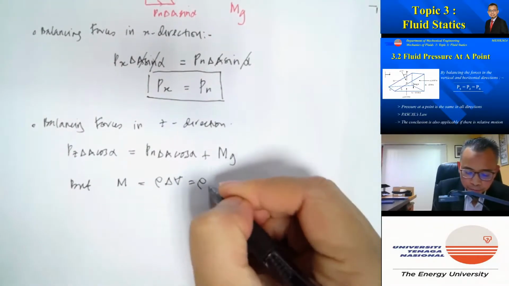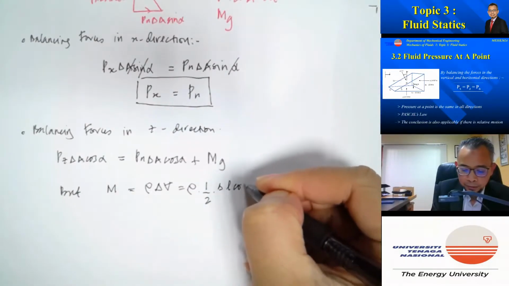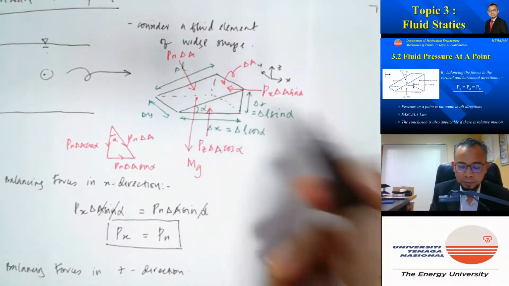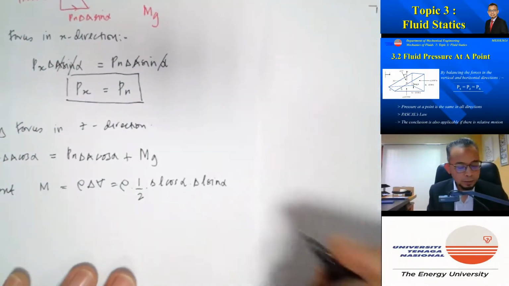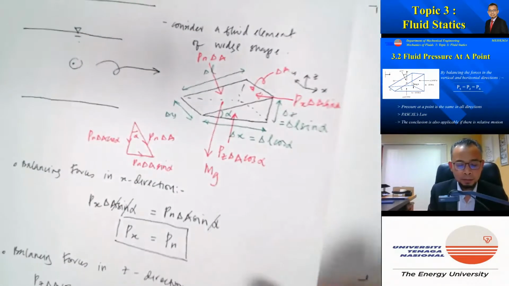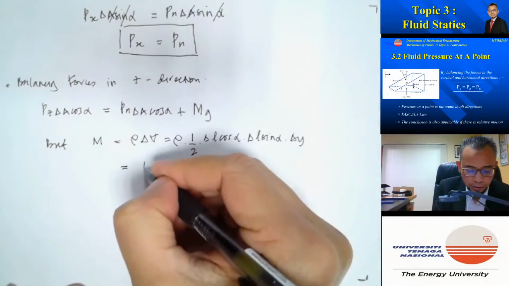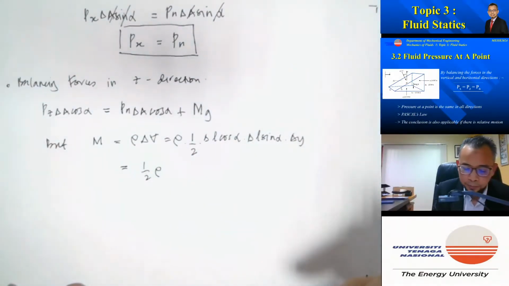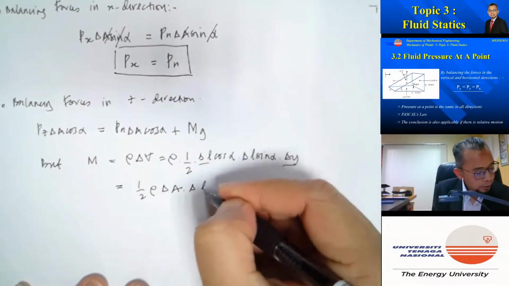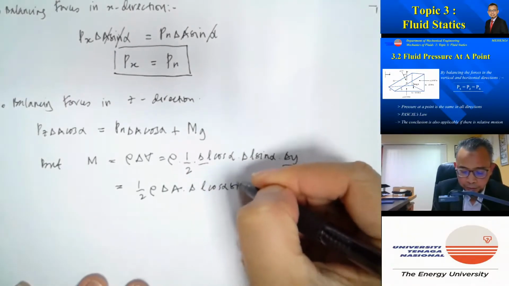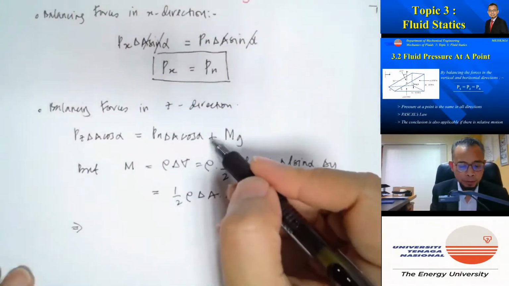So it's rho multiplied by the volume, which will be half multiplied by the base, delta L cos alpha, and multiplied by the height, delta L sine alpha, multiplied by this here, delta y, which gives us half rho delta L delta y, which is equal to delta A delta L cos alpha sine alpha. So we substitute in this equation here.